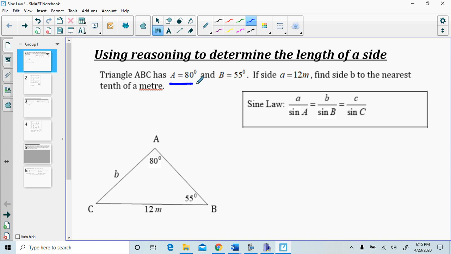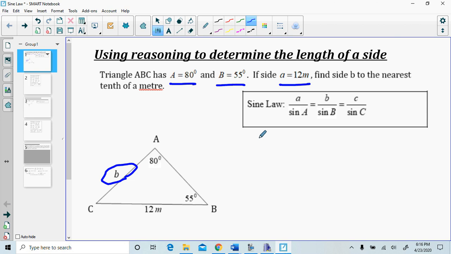That's what we were given here. And then angle B was 55. That's over here. So these two are given. We are given the side length opposite angle A of 12 meters. And then we are asked to find measure B. So how long is that side length of B? So this is what we're looking for.